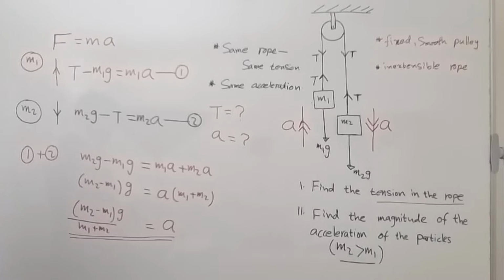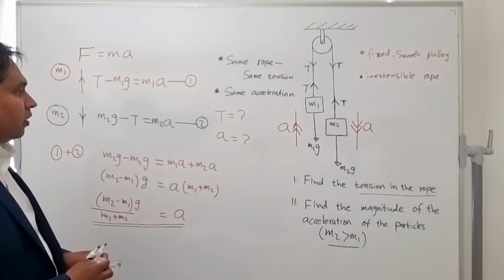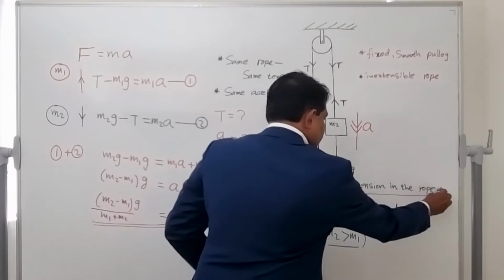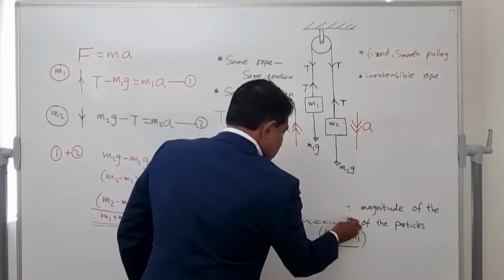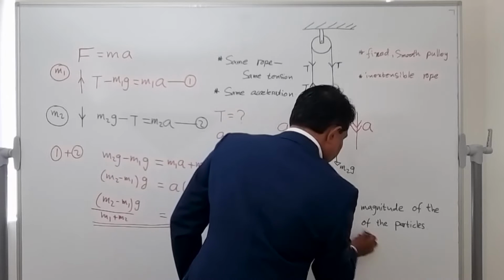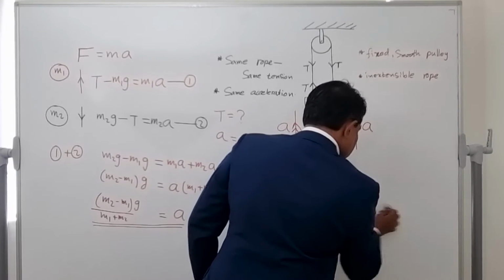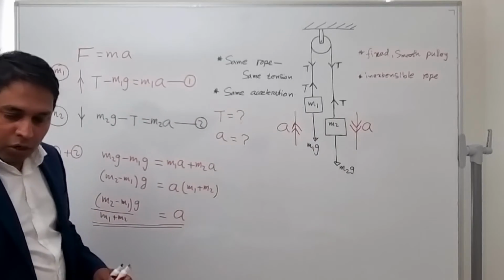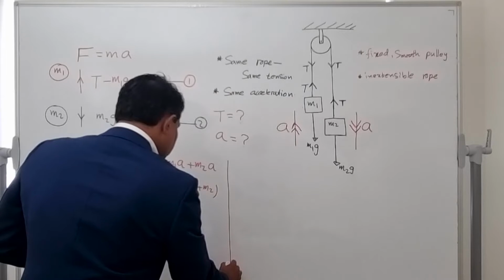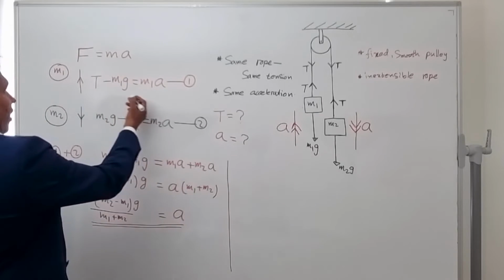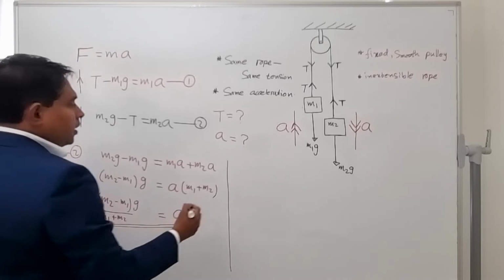I need some space, so I clean this here. Now I take equation 1. I think this one is the better one to find T.